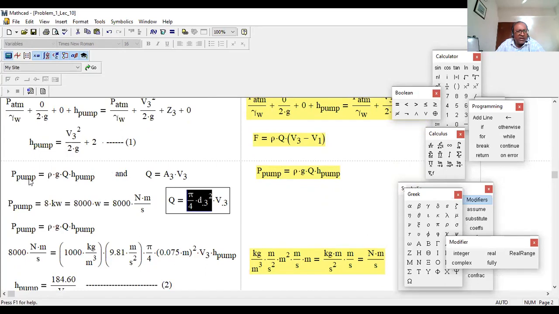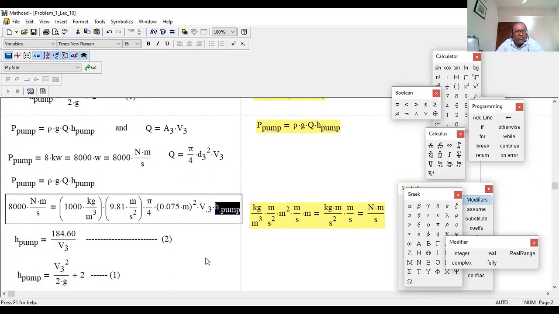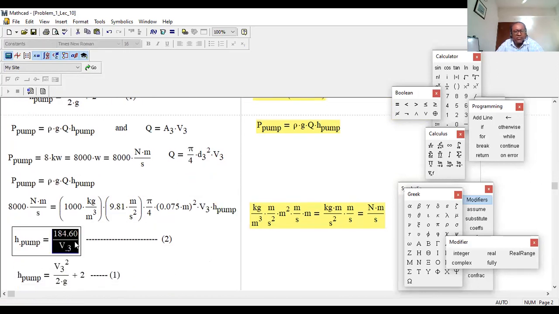So right over here, you put 8 kilowatt of power, that means 8,000 Newton meter per second. You put rho, you put g, then Q, pi by 4 D square into V3, into H pump that I put over here. So after simplifying, you get this equation.